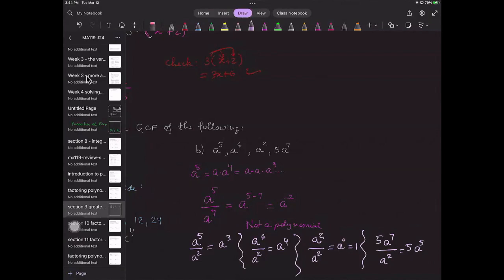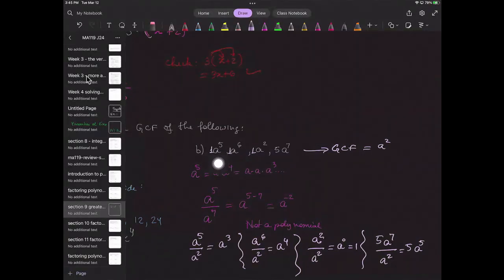So the idea is that, besides the power, now I know I have the GCF with the power a squared, I need to look at the coefficients. The coefficients of almost all of them is 1, except the last one, which has a coefficient 5. So I'm talking about these guys right here.